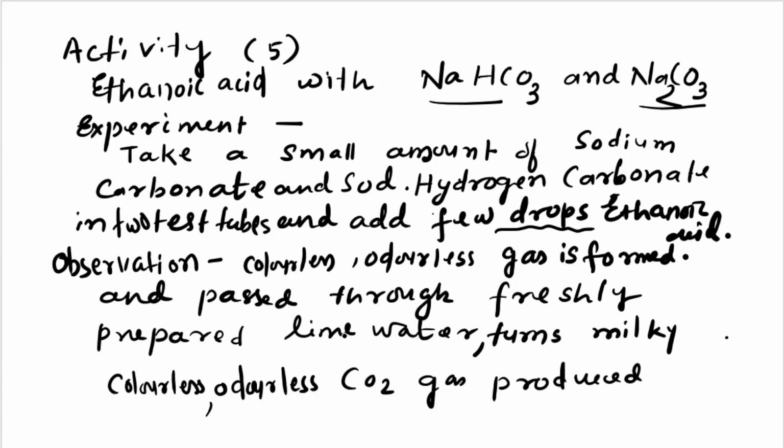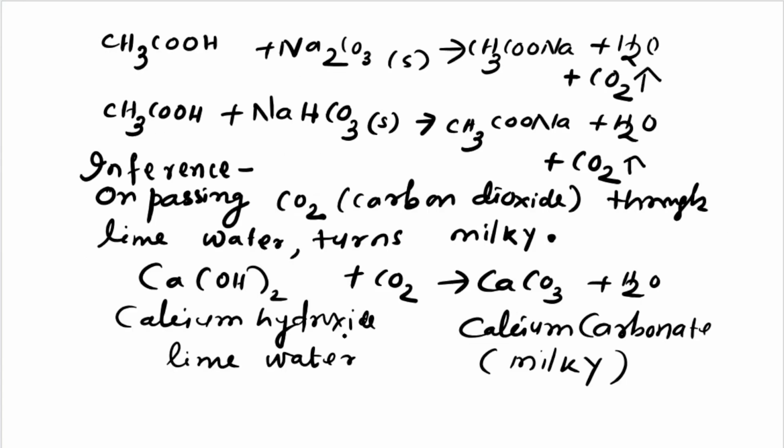Then you check the reaction. So surely it is carbon dioxide, because in this reaction you can see carbon dioxide as one byproduct. This carbon dioxide, when passed through lime water, turns it milky. Calcium carbonate is milky, meaning it is not soluble in water.